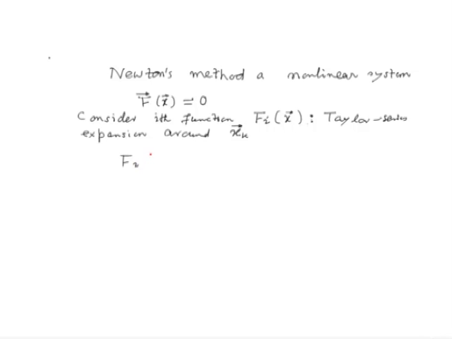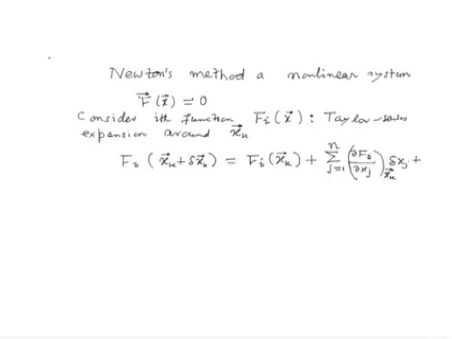So, f_i of xk plus delta xk, where delta xk represents a small increment in the xk vector, can be expressed as the value of this function f_i at point xk plus sigma j is equal to 1 to n, where n is our number of equations, del f_i over del x_j times delta x_j, and this derivative is evaluated at point xk, plus our higher order terms.